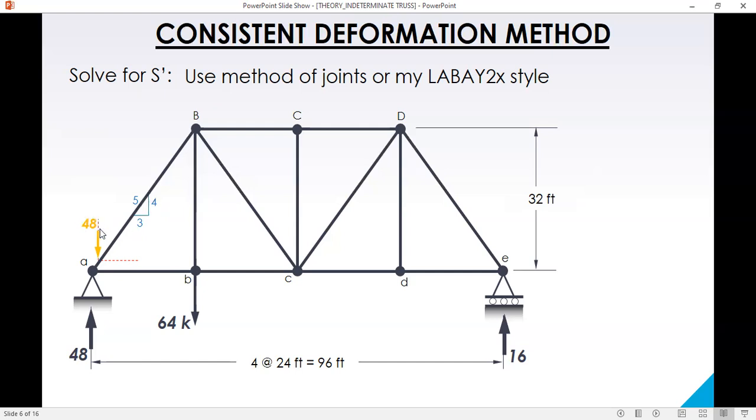So 48 divided by the counterpart vertical 4 is 12. If I multiply 12 by this value, 3 horizontal, then I will have the value of the horizontal component. So 48 over 4 is 12, times 3 is 36. So this horizontal component is equal to 36.